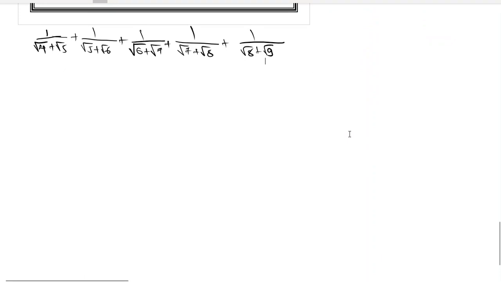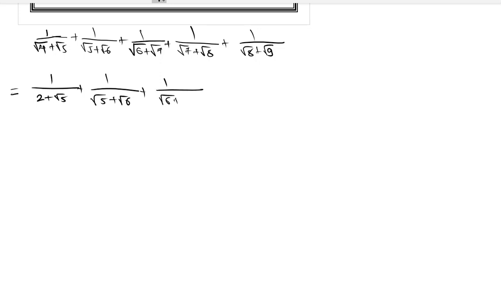How will I simplify this? See, I have written all the terms now. There are total 5 terms in this particular question. And to solve this is very, very easy. First, I'm going to write it as 1 upon 2 plus root 5, plus 1 upon root 5 plus root 6, plus 1 upon root 6 plus root 7, plus 1 upon root 7 plus root 8, plus 1 upon root 8 plus 3, because root 9 is 3.